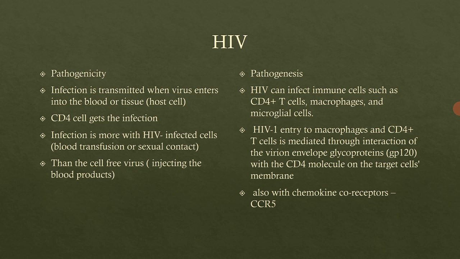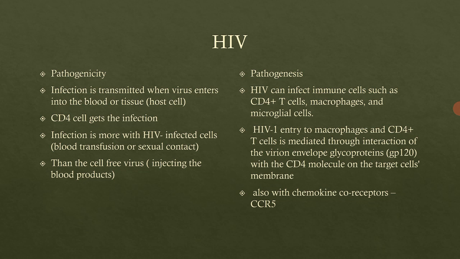The virus is mixed with the blood, integrated into the blood. So infection is more in such cases as compared to the cell-free virus, such as injecting blood products, where the cell-free virus will come.